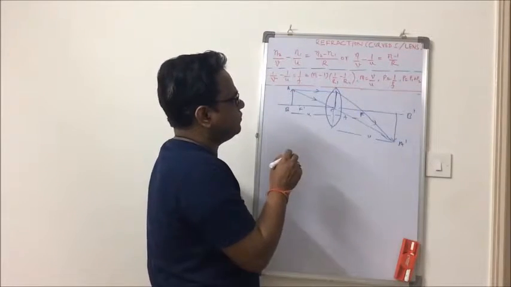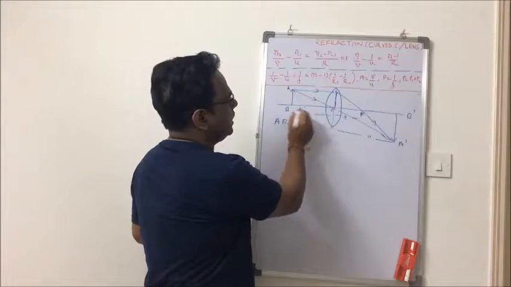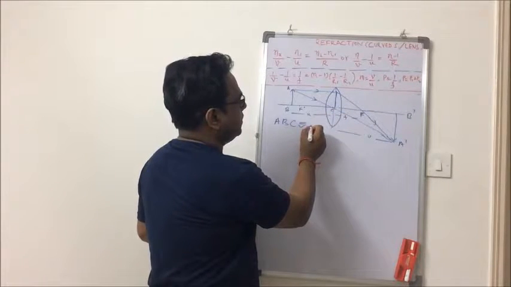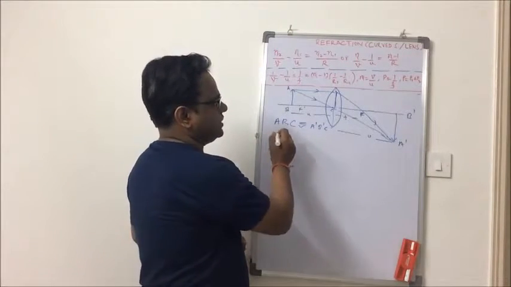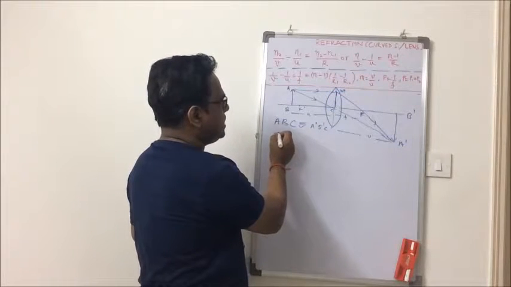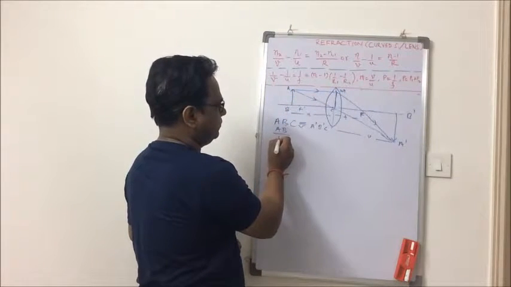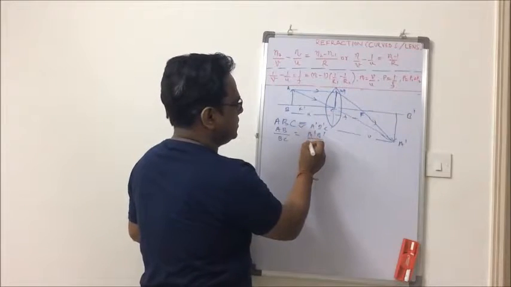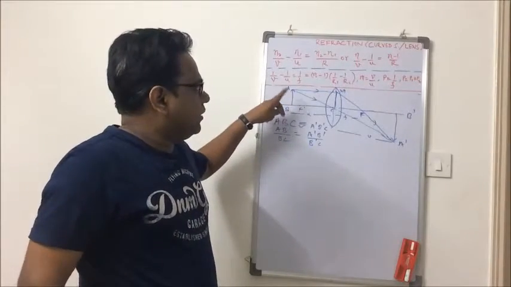So first two triangles which we are going to take are triangle ABC, which will be similar to triangle A dash B dash C. Let's say this is point M. So AB divided by BC equal to A dash B dash divided by B dash C. Make a note of it.